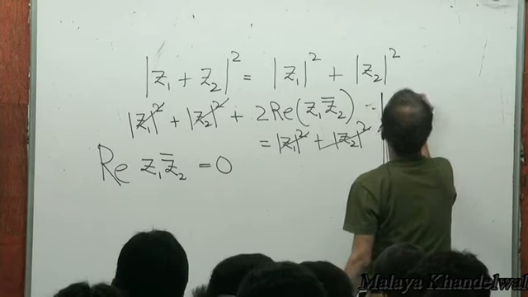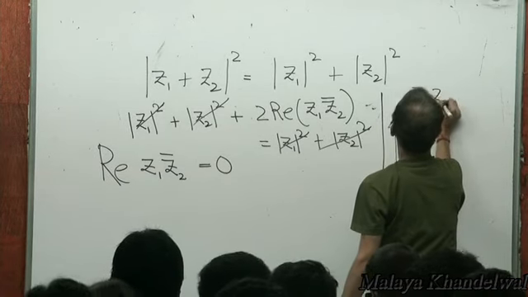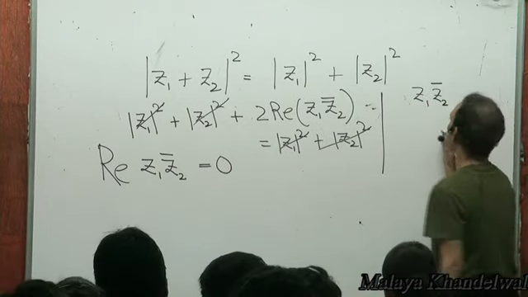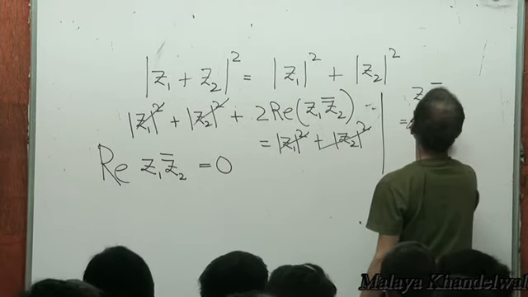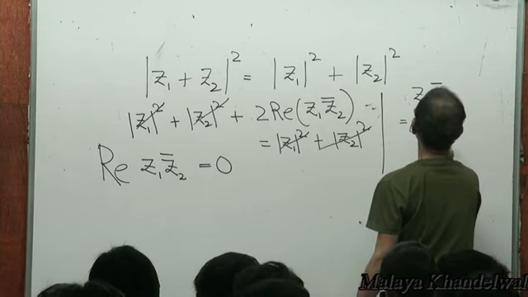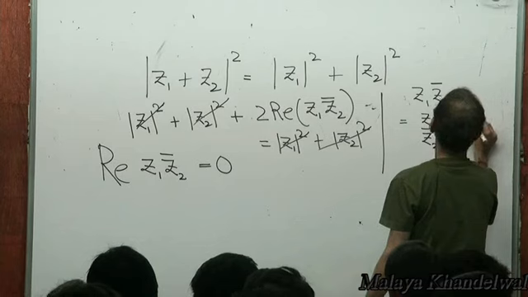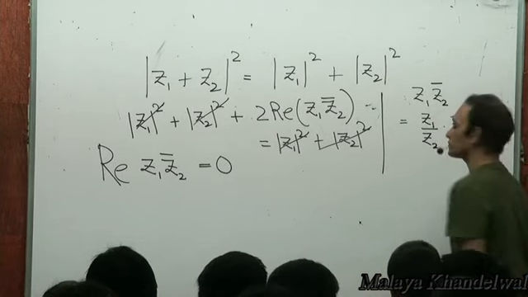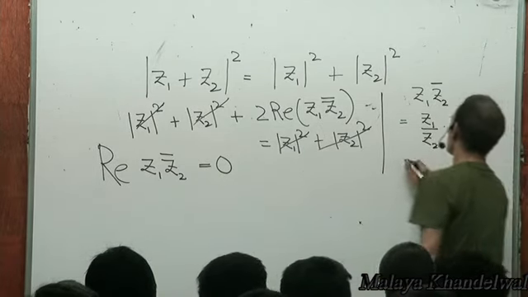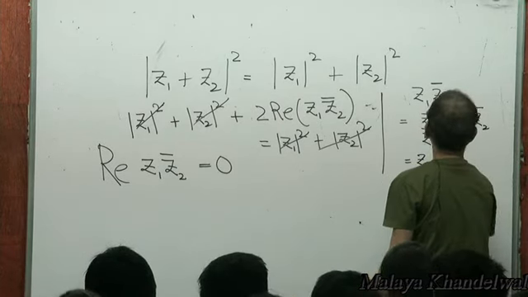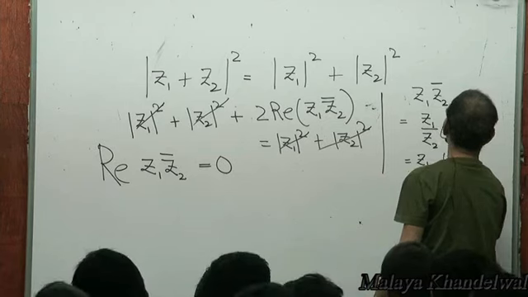Now z1 z2 bar can be looked upon as z1 by z2 into z2 into z2 bar, which is like z1 by z2 into mod z2 squared.